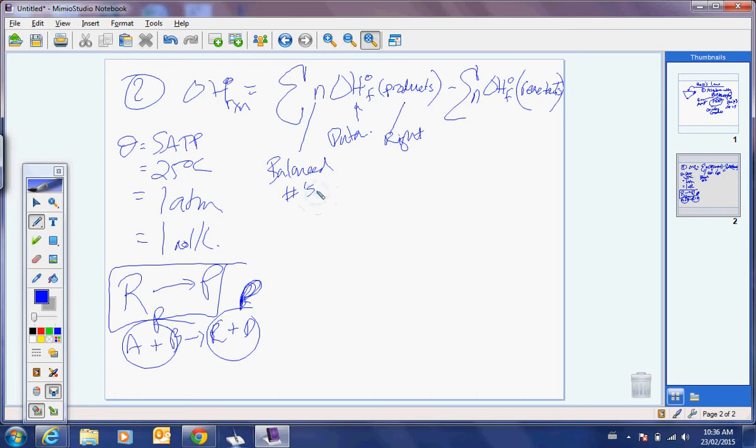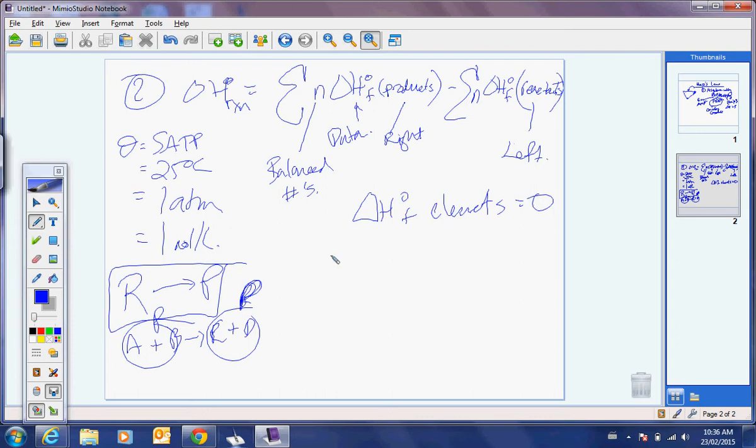And then same thing on this side, but of course that's for the things on the left. What do you need to remember about the delta H naught f for elements? It's 0. Because you don't form an element.